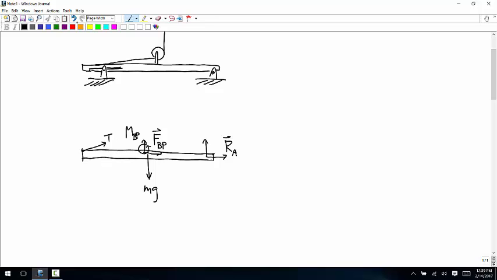If the slot is like this, the force is going to be perpendicular to that, one way or the other. We don't know which way, so it's arbitrary which one you choose, but I'll draw it up. And I'll call that RB. That's a scalar variable because we know the direction. Okay, so that's one possibility.